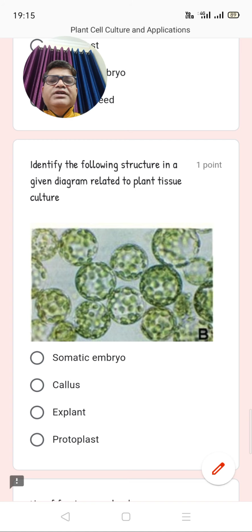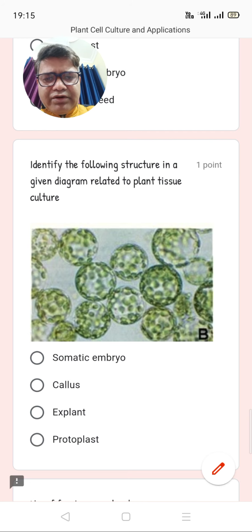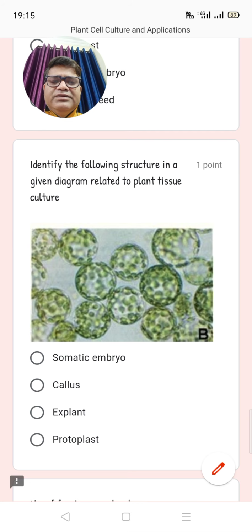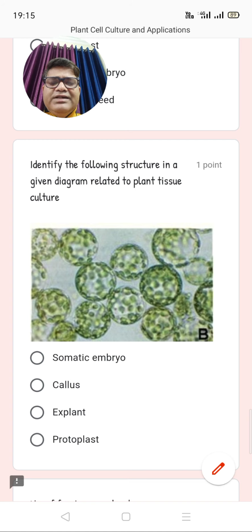Next question related to a diagram itself. Identify the following structure in the given diagram related to plant tissue culture. Plant tissue culture is used for the production of hybrids, genetic study, and gene manipulation.